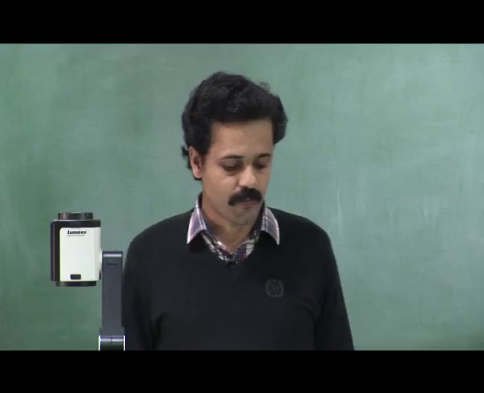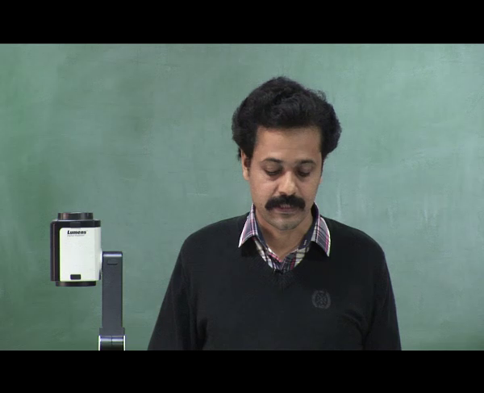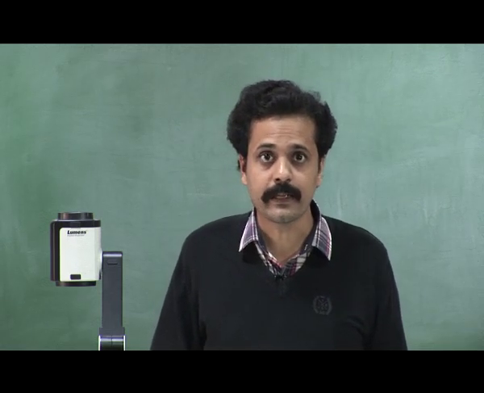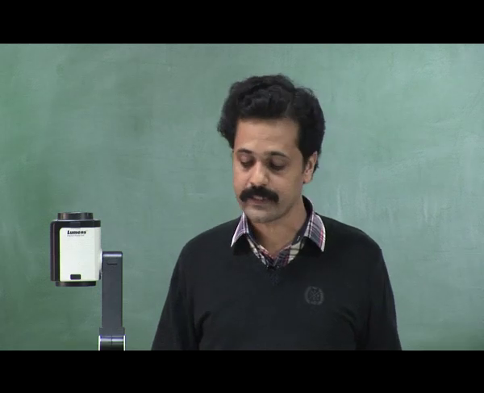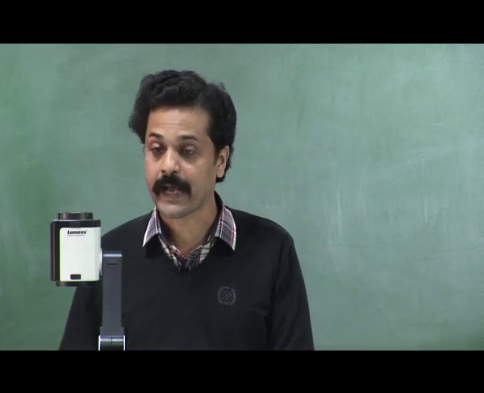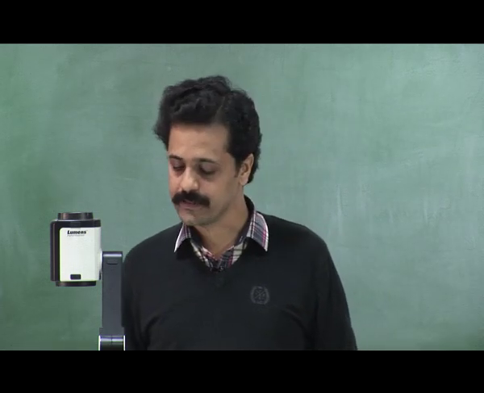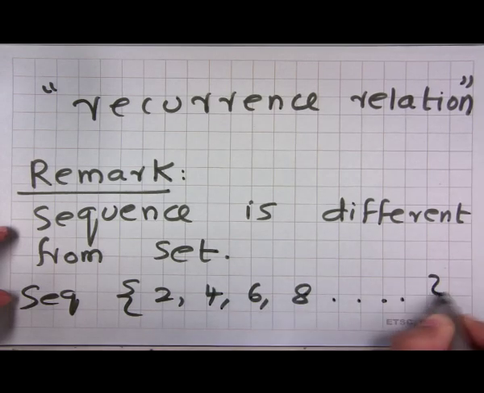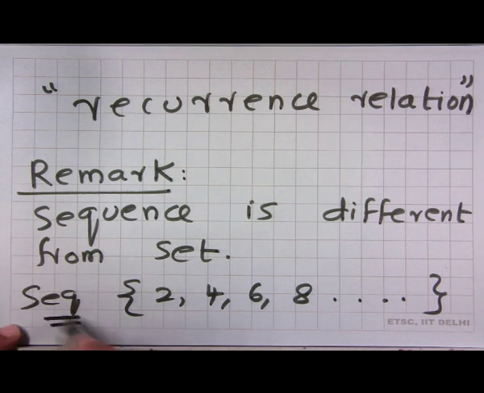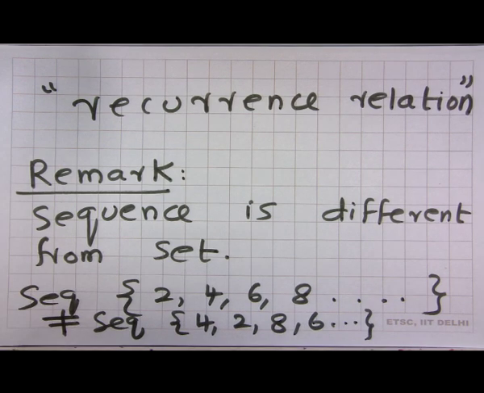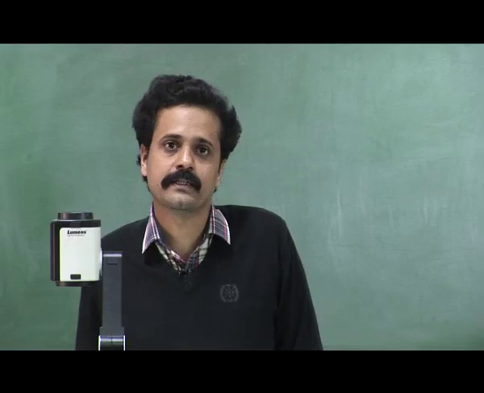For instance, whereas in a set the order in which the elements occur is not important, in a sequence the order in which the elements occur matters. In other words, the sequence 2, 4, 6, 8, etc. is different from the sequence 4, 2, 8, 6, etc., whereas as a set both are the same.